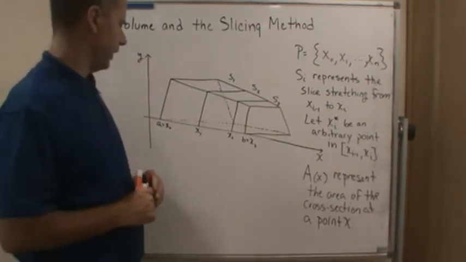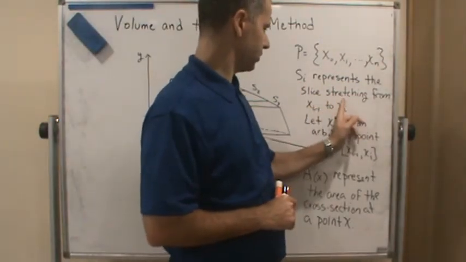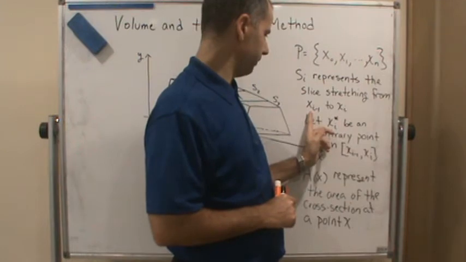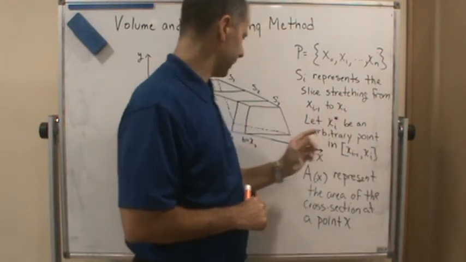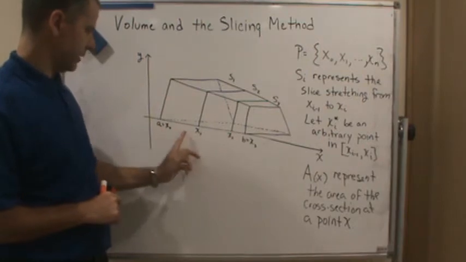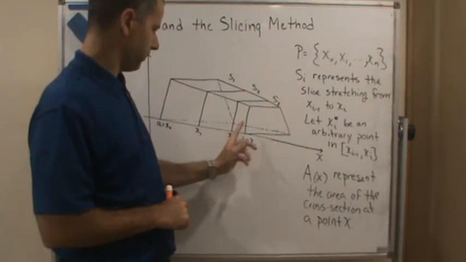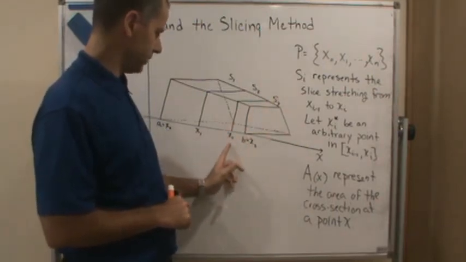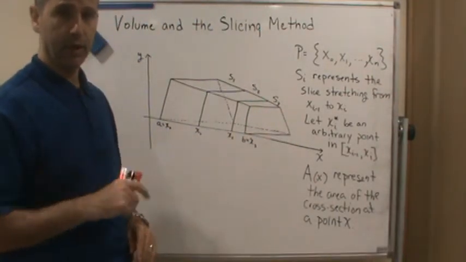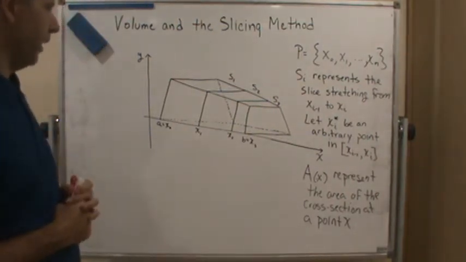Let S sub i represent the slice stretching from x sub i minus 1 to x sub i. So S1 represents this slice here, S2 represents this slice here, and S3 represents this slice here. In my example I have 3 slices, so n equals 3.